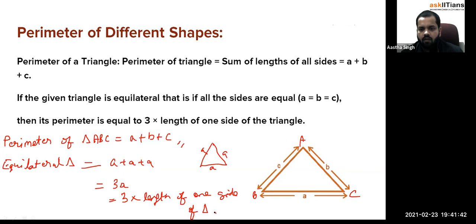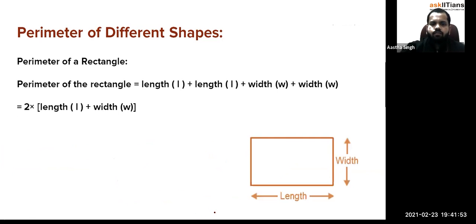Right guys, I think the point is clear. The perimeter of an equilateral triangle is 3 times the length of one side of the triangle.